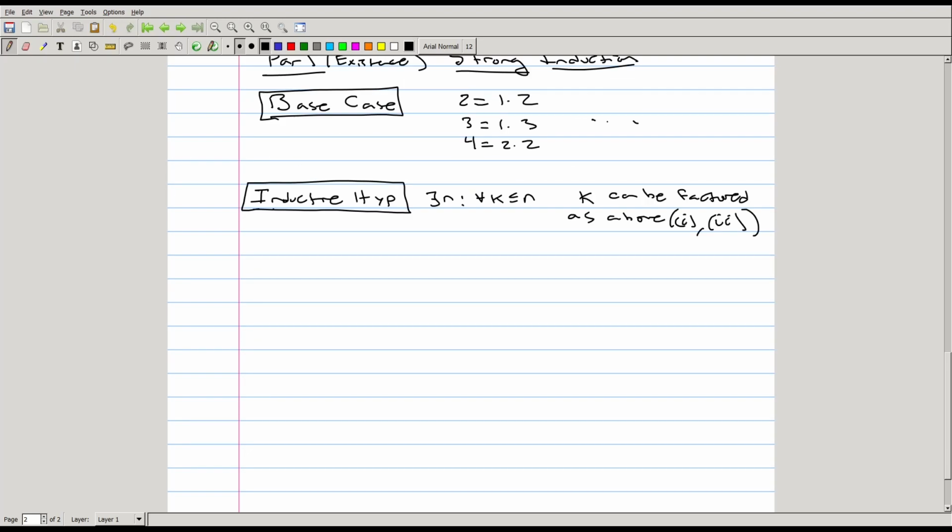And what we have to do is show that this implies that n plus 1 can be factored as above. So either 1 or 2 holds for the integer n plus 1.